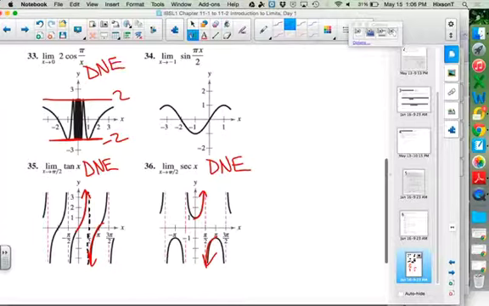The reason is, no matter how close you get to 0, it continues to bounce back and forth. I could make this x 0.00000001, and I'm still going to get it bouncing back and forth between -2 and +2.